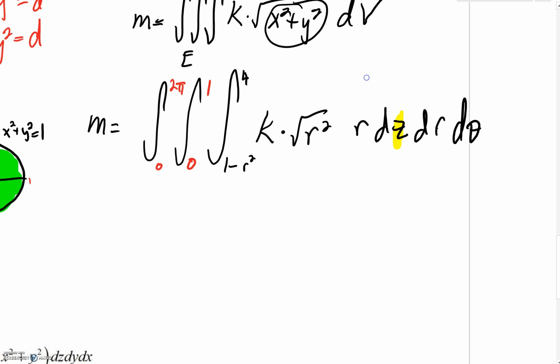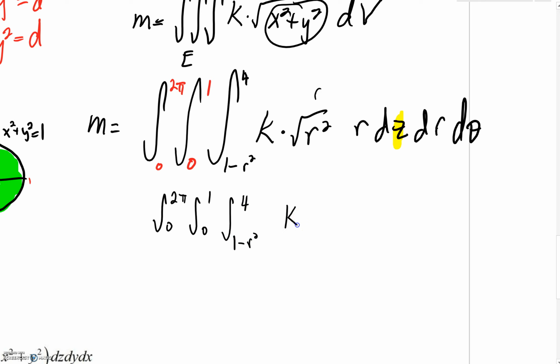Well, once you've set this up, right now it just becomes a matter of going through the mechanics and cleaning this up. The square root of R squared is R, and R times R is going to get you an R squared. So we're going to very quickly work this out.